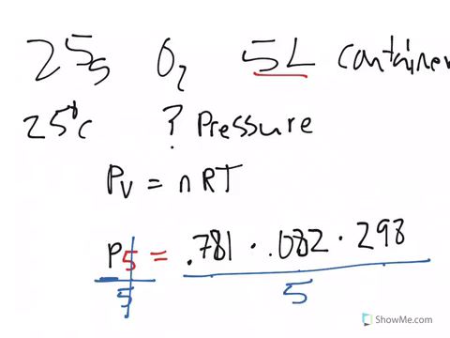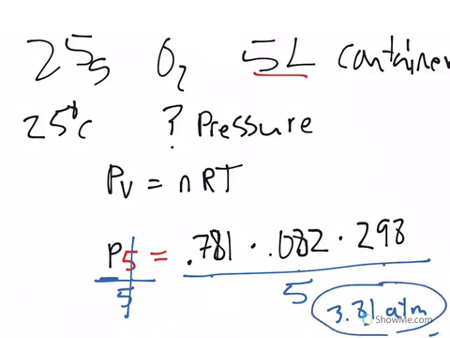So I'll do 0.781 times 0.082 times 298 divided by 5, and that should give me my pressure. And the pressure that I get is 3.81. Since we used 0.082, that's the ATM constant, so 3.81 ATM is our final pressure in that situation.